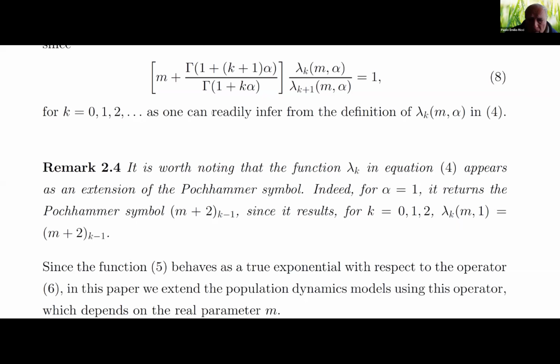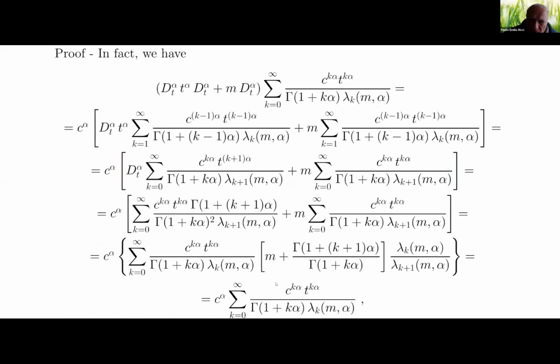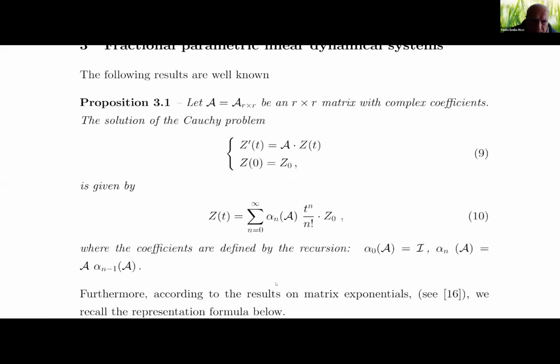The Pochhammer symbol of a number has increasing powers, instead of decreasing as in the case of the factorial. So the Pochhammer symbol of alpha is alpha times alpha plus 1, alpha plus 2, up to alpha plus n minus 1, the n-th Pochhammer symbol. So this is a particular case of the Pochhammer symbol.